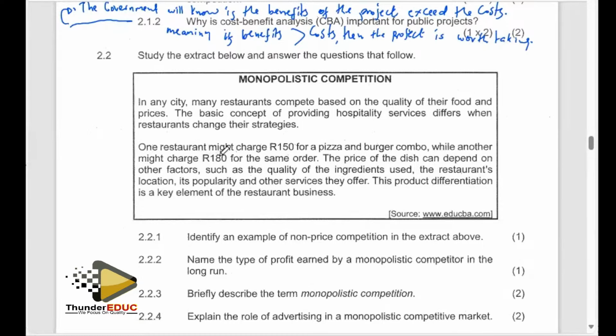So now one restaurant might charge 150 for a pizza and burger combo, while another might actually charge 180 rand for the same order. So the price of the dish can depend on other factors such as the quality of the ingredients used or the restaurant's location. So its popularity and other services they actually offer. So now this product differentiation is a key element of the restaurant business.